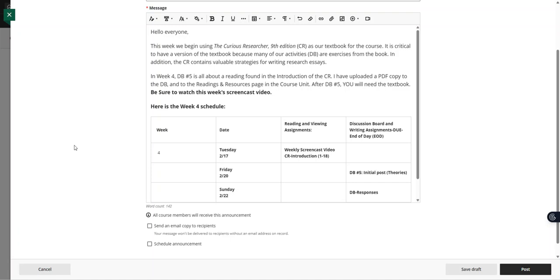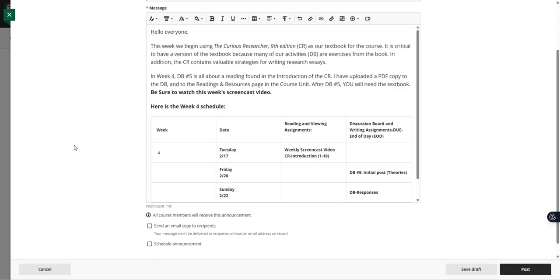Many of our discussion board activities will be exercises taken from the textbook, so you will need to read the textbook and look at the exercises in order to complete the discussion boards. Also, there will be a few discussion boards that will be like reading checks, because there is a significant amount of resources and strategies on how to write the research paper, how to do research, how to use and cite sources, how to think through writing about your source information as we move forward toward the research essay.